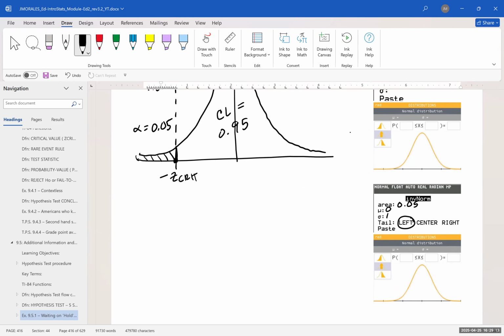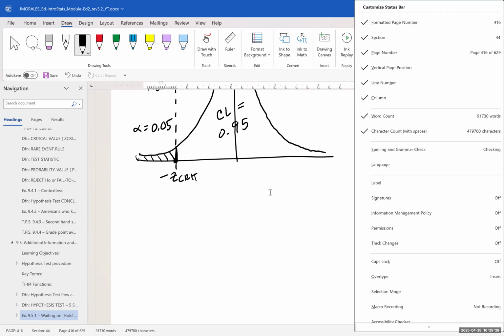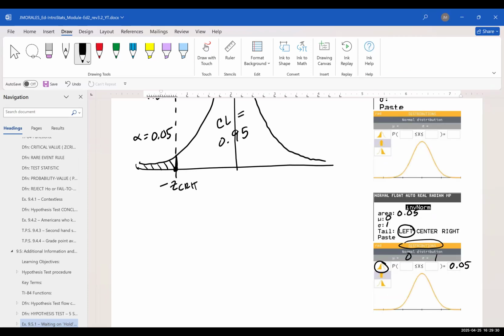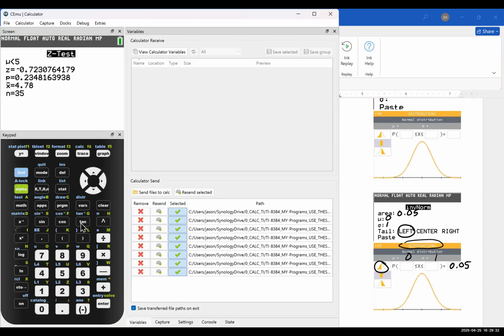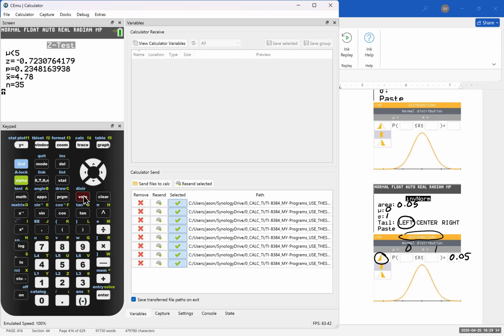And we're going to be using the distributions app on the NumWorks calculator with a mean of 0, standard deviation of 1, area to the left, and we're going to put an area of 0.05 here. Okay, so let's go ahead and do that. So we'll leave this, and we'll do inverse norm.